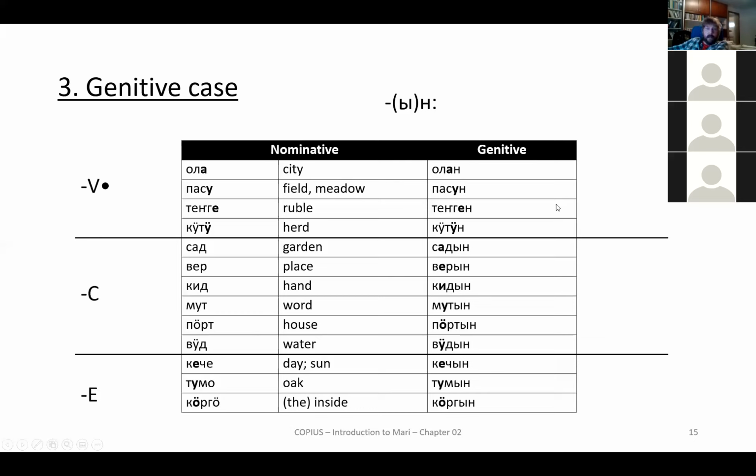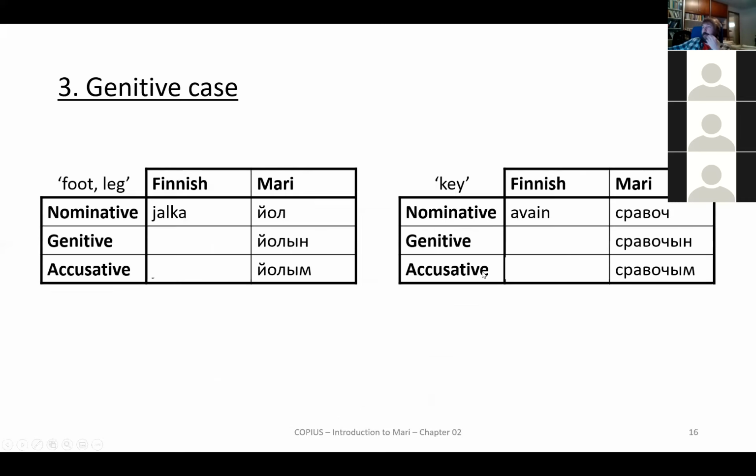Just a little note for those of you who have studied Finnish. If we compare Mari and Finnish, we can start with a word that is cognate in these two languages: Finnish jalka and Mari jol.